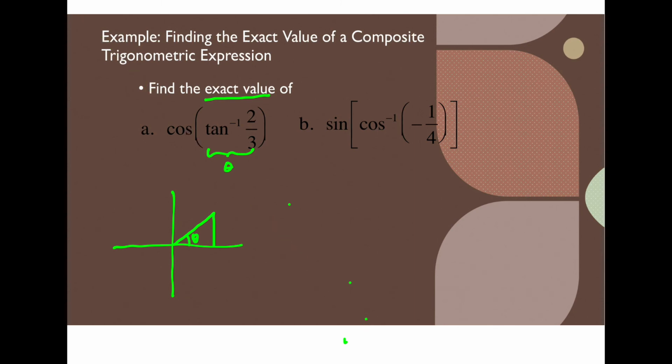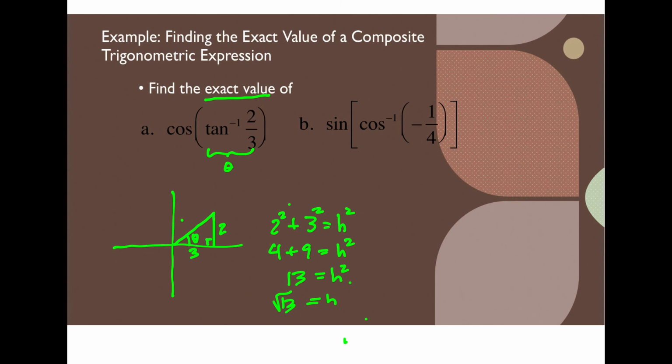So 2 is here, 3 is here. And so using the Pythagorean theorem with a right triangle here, the two legs, that's 2 squared plus 3 squared equaling h squared, my hypotenuse squared, or you could put c squared. So that's 4 plus 9, which is 13. And so h is going to be the square root of 13.